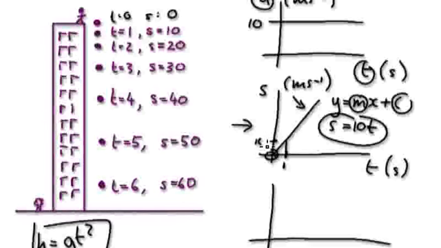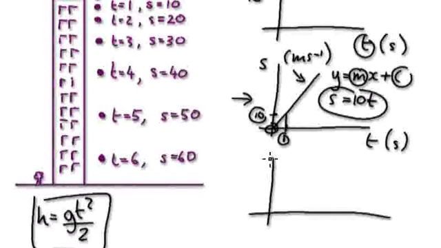So get this times this. Because we want to know the distance traveled after 1 second, we need to work out the area underneath this graph. So get the height here, which is 10, times 1, and then divided by 2. That will be 5. So after 1 second here, this will be 5.